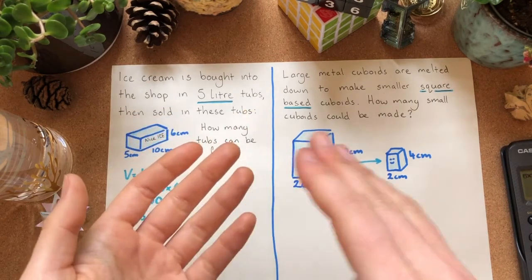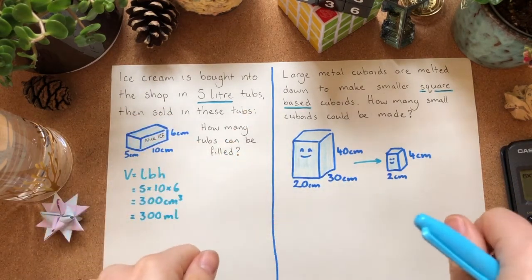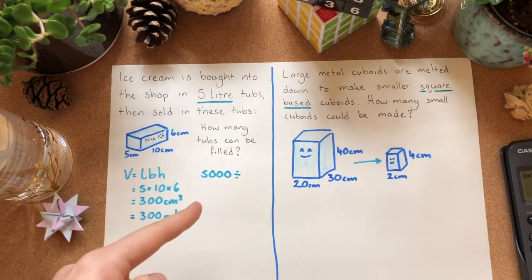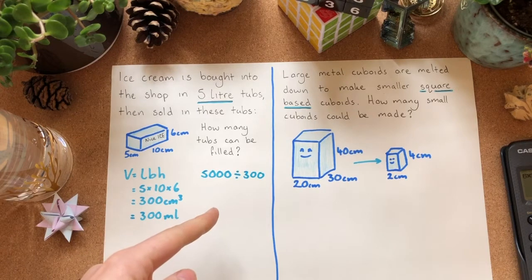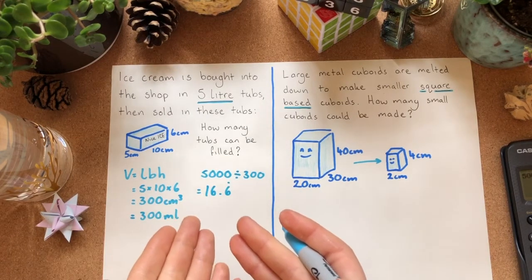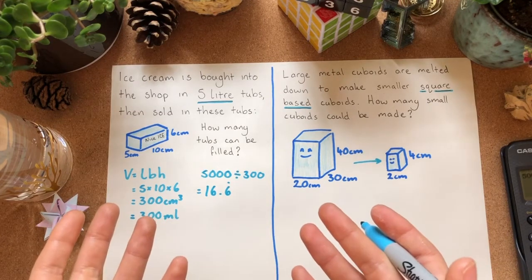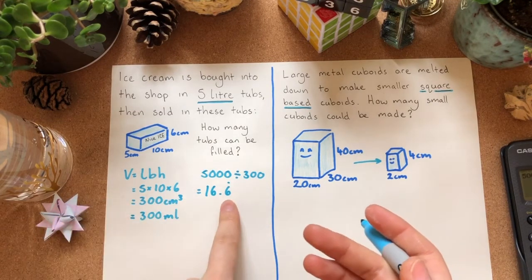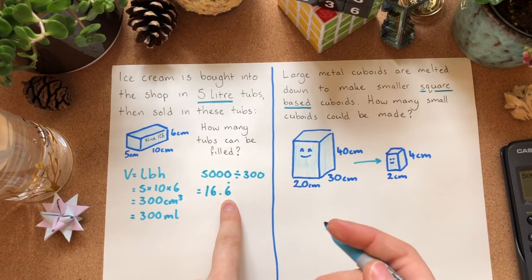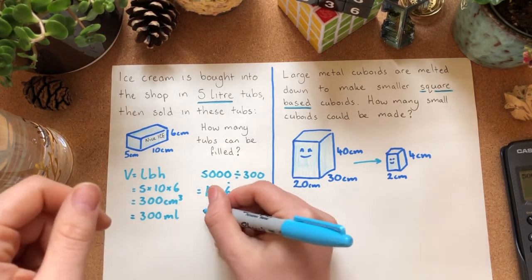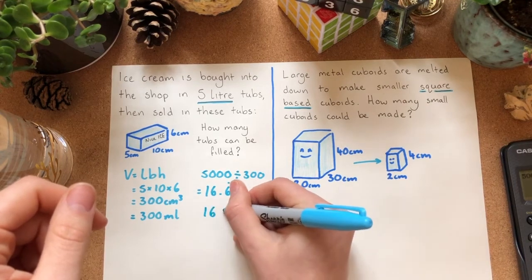Well, splitting something up into equal groups or pouring it into equal tubs, that's a division sum right there. So we're going to have 5,000 divided by, or split into, tubs of 300, giving us 16.6 repeating, or 16 and 2/3. Would you be happy if you got a tub of ice cream that was only 2/3 filled? No. So how many tubs of ice cream can we actually make? That's only going to be 16 tubs.